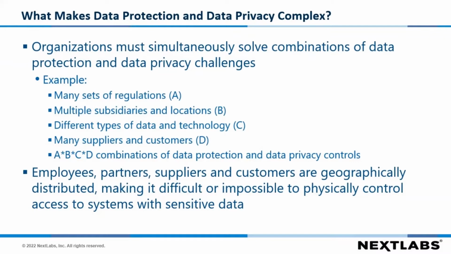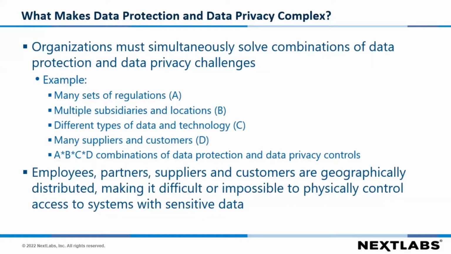There may be multiple subsidiaries and locations for an organization. If it's globally distributed, and those are located in different geographic regions, they may be affected by different regulations. There are different types of data and technology. Some may be governed by export restrictions, while others may just be secret proprietary information or trade secrets. But there are different types of data and technology that all need to be protected in different ways.